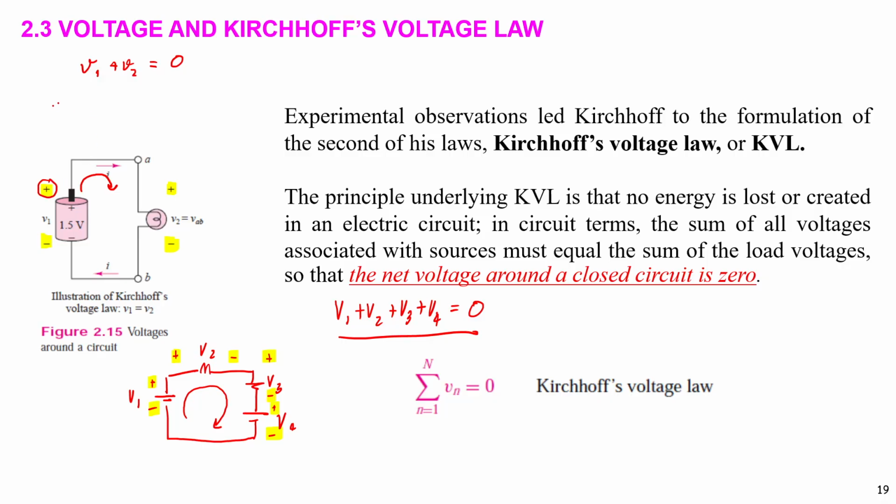So V1 is plus 1.5 volts, and in this case the current is flowing out from negative. So V2 will have a negative sign, and the sum is 0. This means that V2, the voltage across this lamp, is 1.5 volts, right? For example, to apply the KVL.